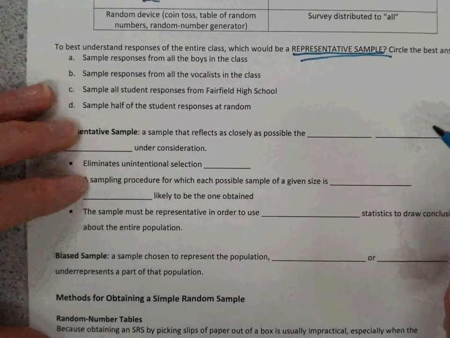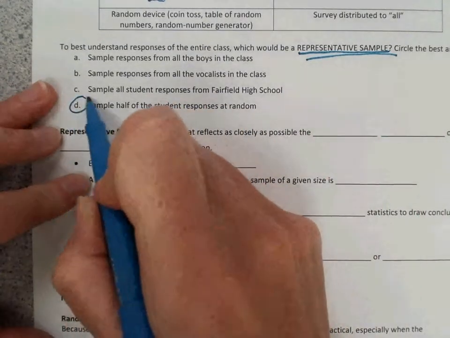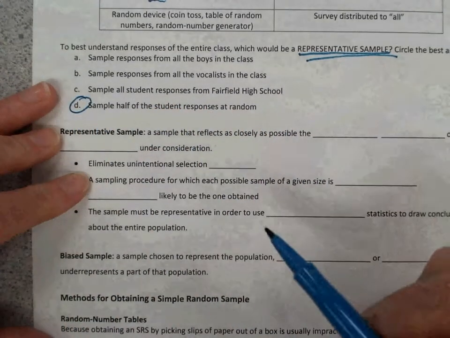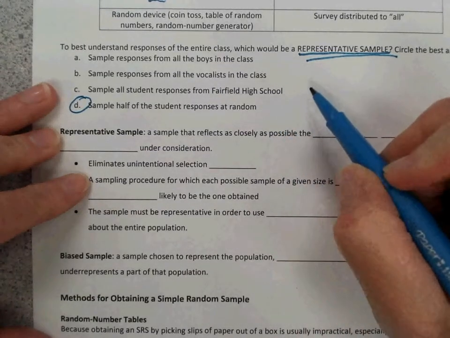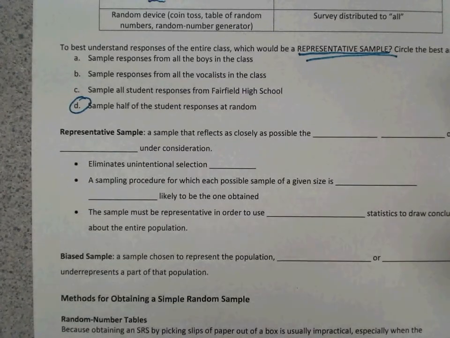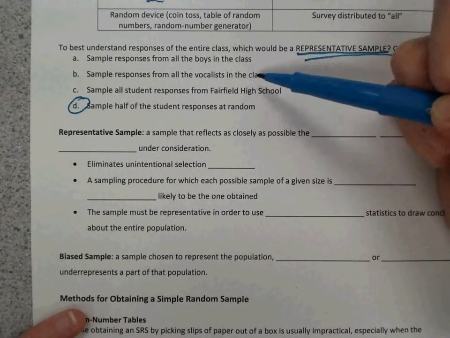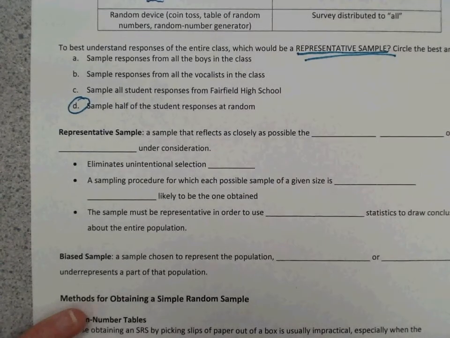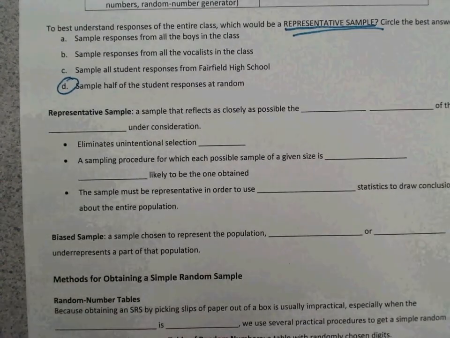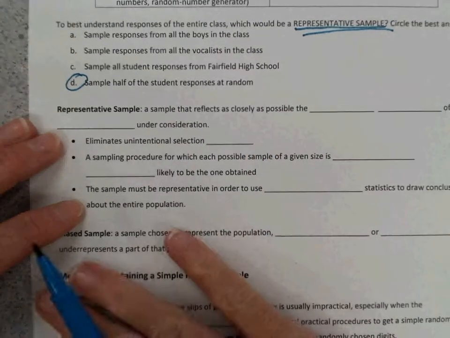However, just sampling half of the student responses at random would be a representative sample, because that has the opportunity to include all of the different homeschools, all of the different arts majors, and the variety of male, female, all the genders within those responses to represent our school.